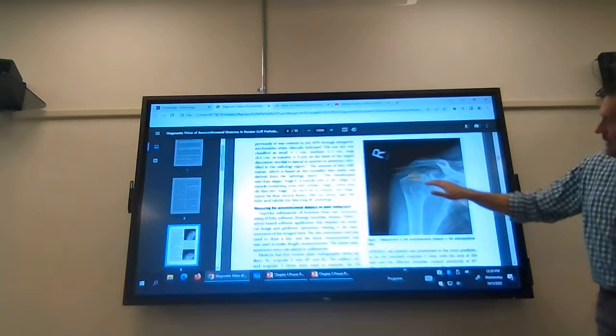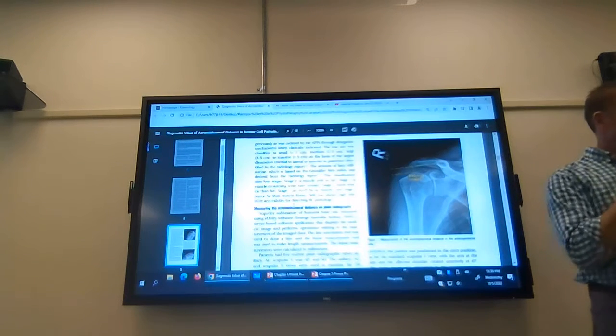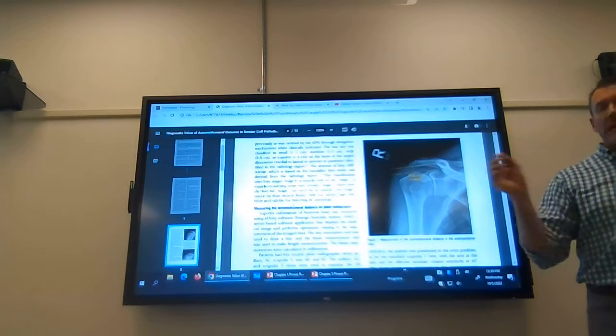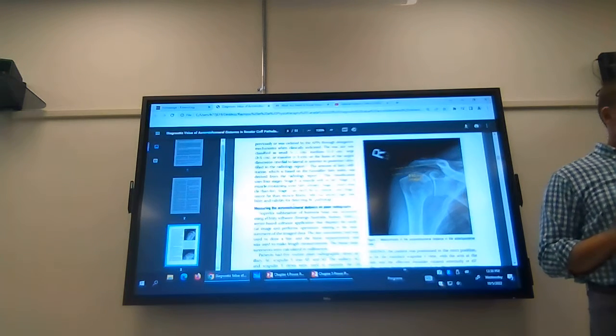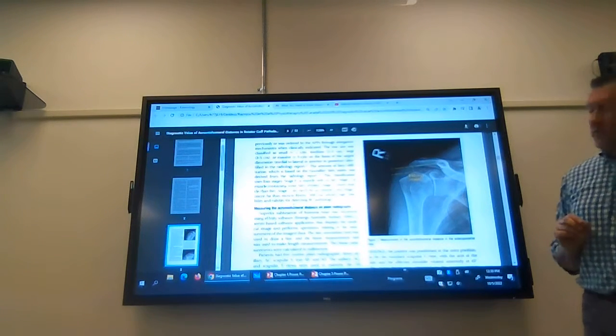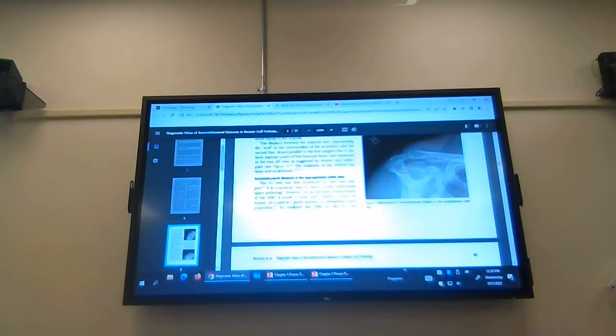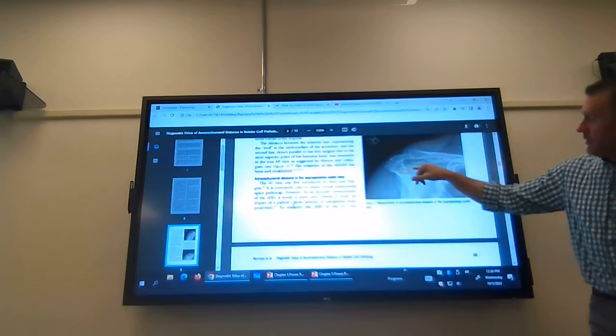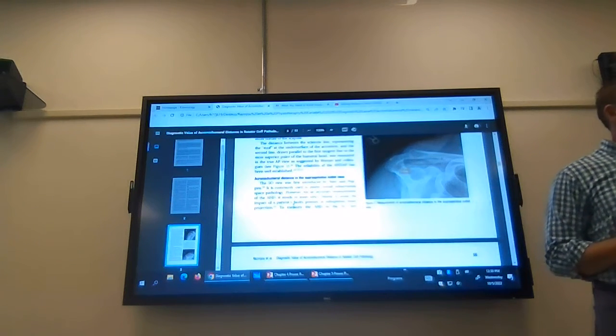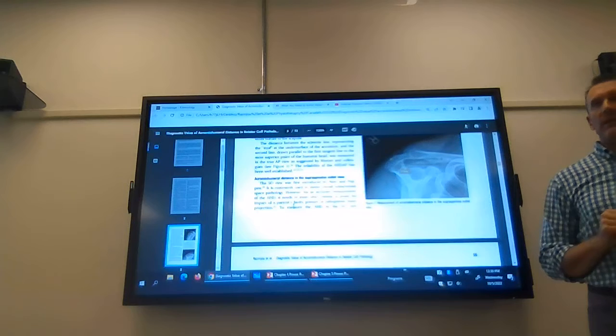So in this case, that's pretty good space. That's greater than 6, which was associated with the rotator cuff pathology. Just another view down here. This would be another good prognosis with 9.47 millimeters.